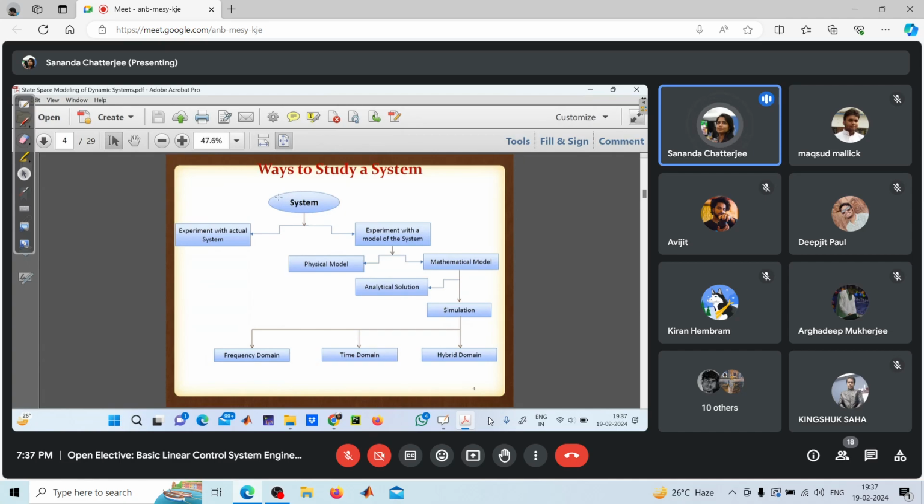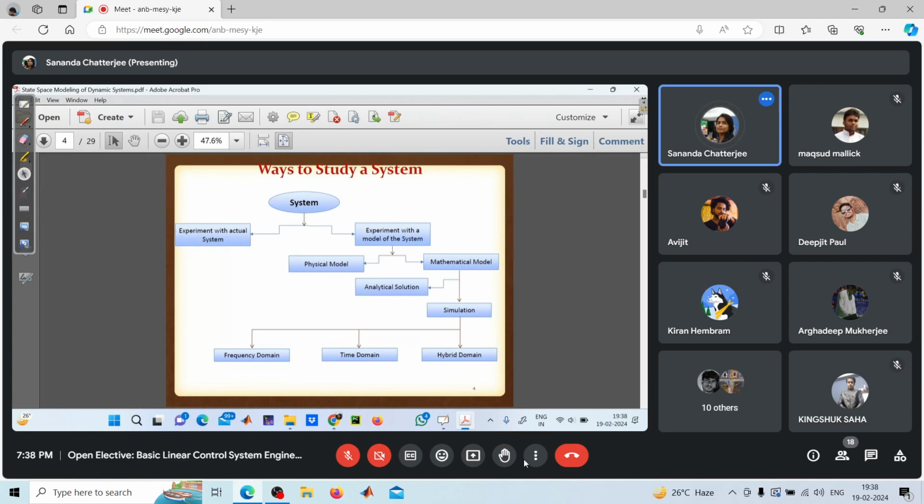In that case, we will not know what the limitations on the system are, that is, what kind of input we can choose. In the last class we took a spring mass damper system as an example. What are the limits on the inputs we should choose, or what limitations should we impose while doing an experiment on the actual system? Those things we generally don't know about a system.